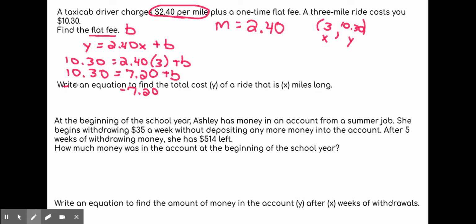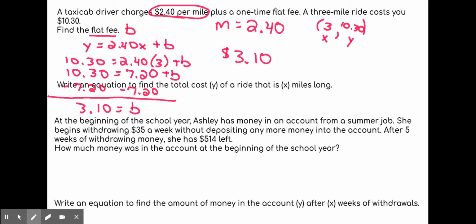I'm going to use my calculator, and 10.30 minus 7.20 is 3.10, and that is b. That's my flat fee. My flat fee is $3.10. That's how much it costs just to get in the taxi cab.